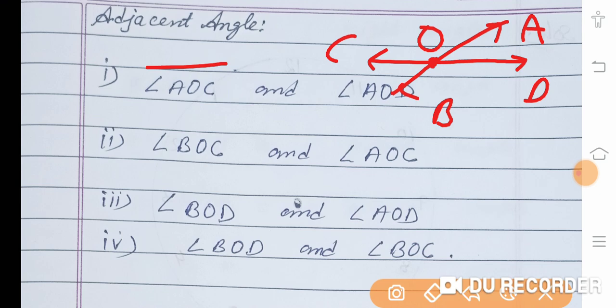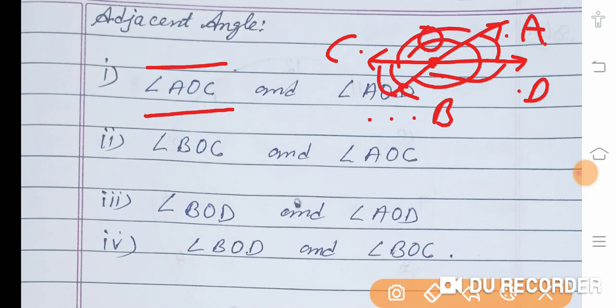Okay, so adjacent angles are angle AOC and AOD, this angle is adjacent. Similarly, this angle with this angle is adjacent, and similarly this angle and this angle are adjacent, and this angle and this angle are adjacent, means all neighboring.